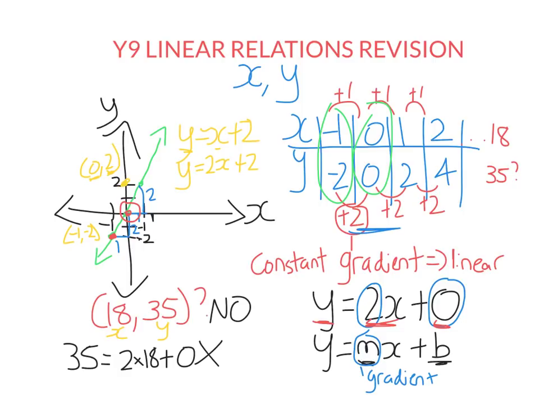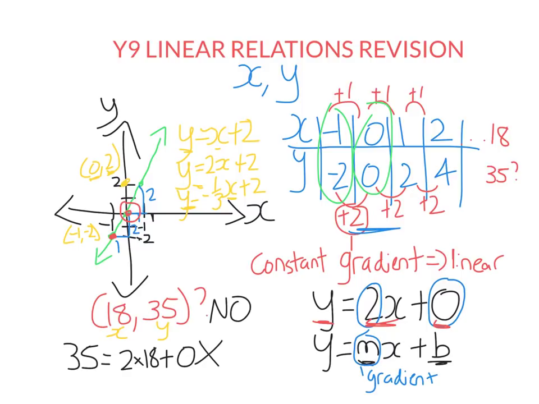That will also go through that point. I could have the equation y equals minus a third x plus 2. That will also go through that point, because if I substitute x equals 0 and y equals 2, I get a true statement. So you need 2 points to characterize a line. And from that, we can get the equation. I'll show that a little later in this video.